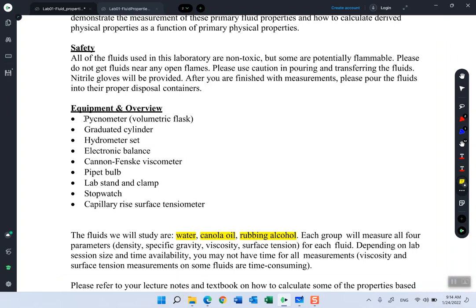This one, of course, you will come close and see. We also use several calibration cylinders. We're going to use a hydrometer. It is set here. And the electronic balance to measure the mass.